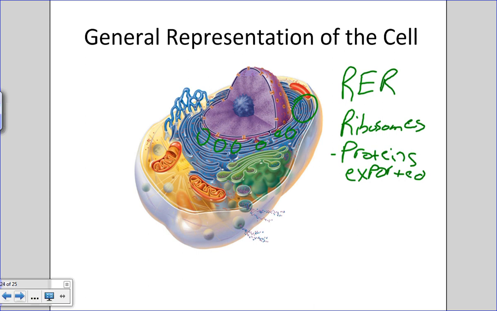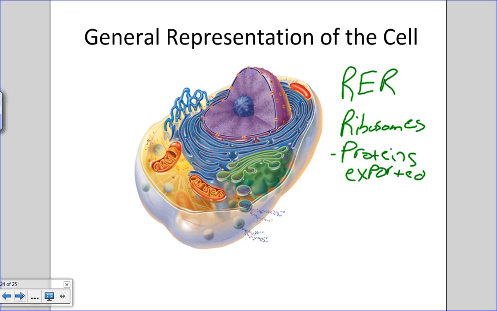All right, so now if we want to look at the design of the endoplasmic reticulum, what you're looking at here is an extension of the nuclear envelope. So the rough ER is essentially an outpouching or outgrowth of the nuclear envelope into the cell.